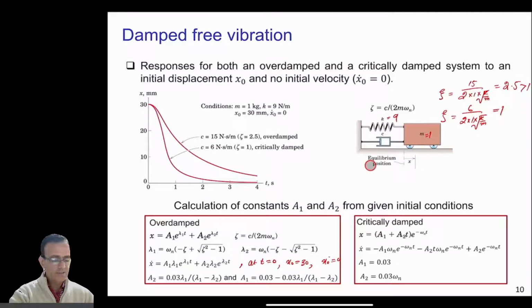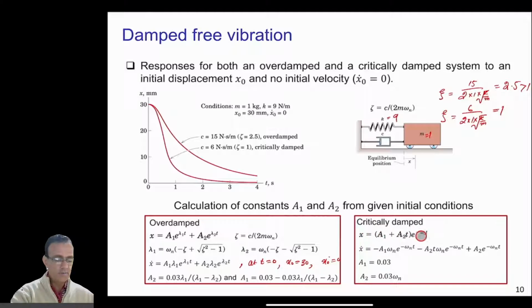Similarly, you can plot this for the critically damped system. If you remember, the roots were both the same, lambda 1 and lambda 2 were equal to minus omega n. Then x will become (a1 plus a2 t) e^(minus omega n t).